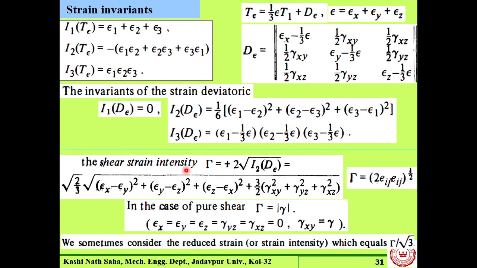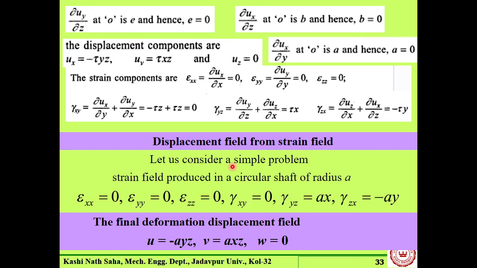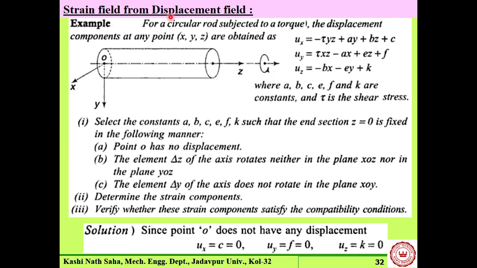this is what we were discussing. Now, afterwards there is another type of problem, which is finding out the displacement field from the strain field. So, what we did up to this point, we calculated the strain field from a given displacement field.